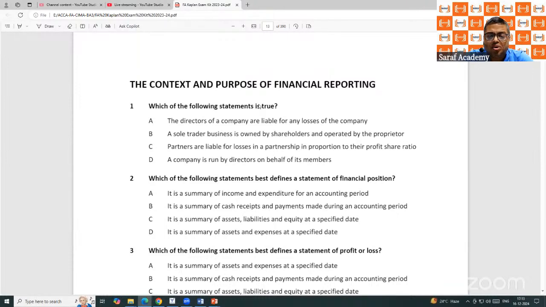A company is run by directors on behalf of its members. They are saying which statement is true. This is from the area they said, different types of business entity. Sole proprietorship, partnership, company, private, public, limited, not for profit oriented, or joint venture. They are asking the question on that.